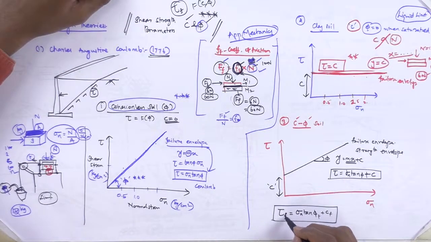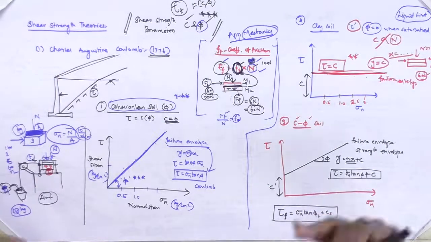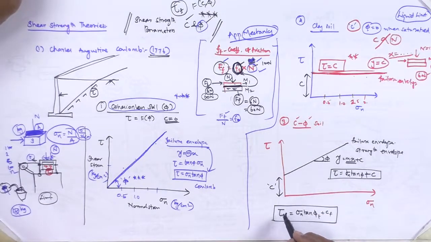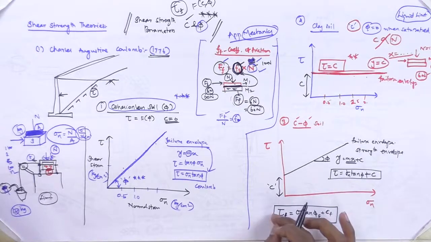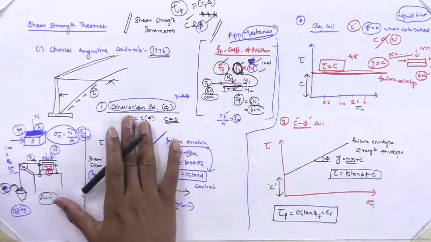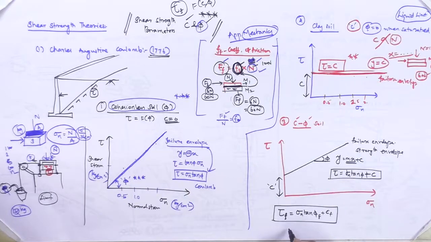If you apply load, the shear strength will be mobilized at which it fails. That is what shear strength is known as. This is the usual basic form of the shear strength as found by Coulomb. He has done a very great job. So tau is simply denoted by tau equals sigma n tan phi plus c.